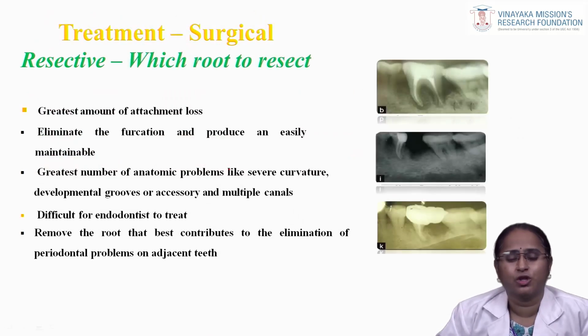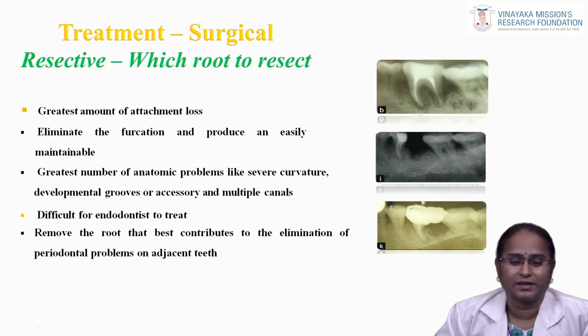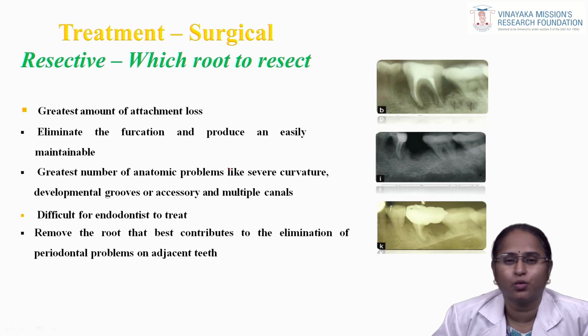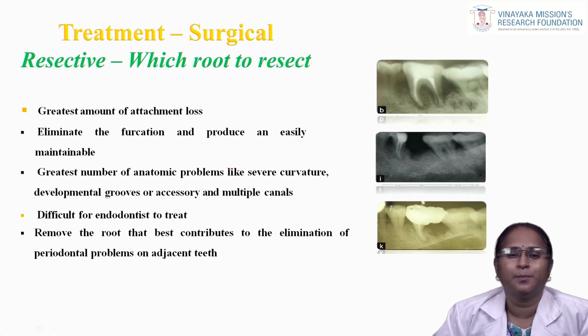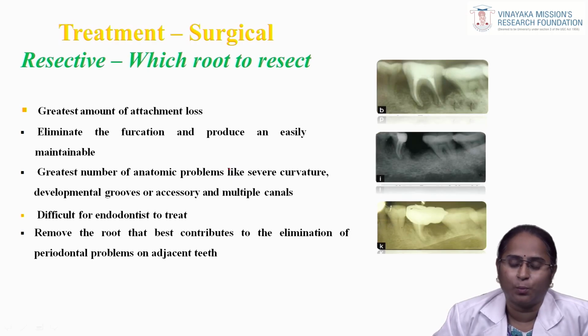In case of resective therapy, we have many doubts about which root is to be resected. We have to decide based on which root has the greatest amount of attachment loss, and we have to eliminate the furcation and produce an easily maintainable area. We also consider the greatest number of anatomical problems or developmental anomalies, and whether it is difficult for the endodontist to treat.